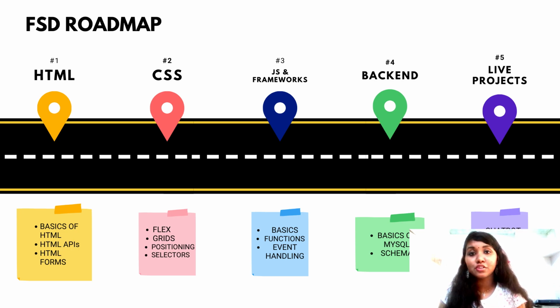So what you need to learn under HTML: the basics of HTML, and some HTML APIs, which are application programming interfaces. You can learn it through various platforms, and also make sure that you learn HTML forms, because that's also a main thing in HTML. Almost everything about HTML, do have knowledge of it.